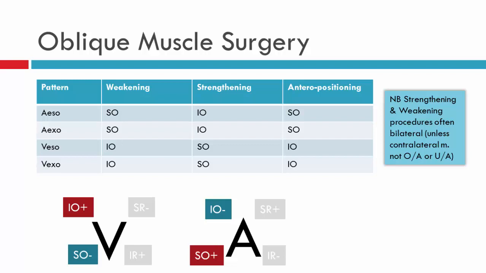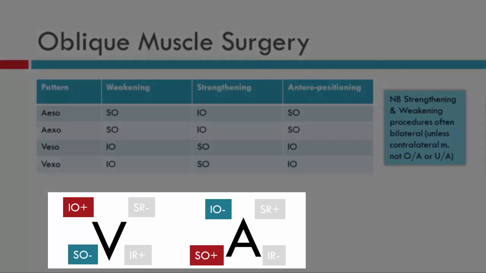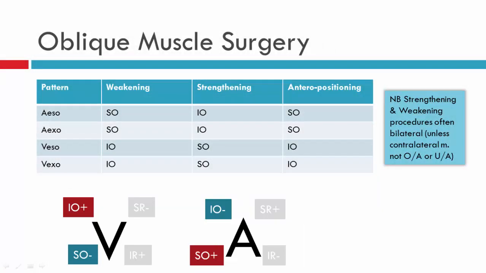So in terms of the focus here on oblique muscle surgery, what I've provided you beneath is a summary of, again, what over and underactions of the obliques we require to see a V pattern or an A pattern. And in this table, we have an overview of the obliques that you would strengthen or weaken in order to correct an AV pattern. Let's take, for example, a V-ESO.